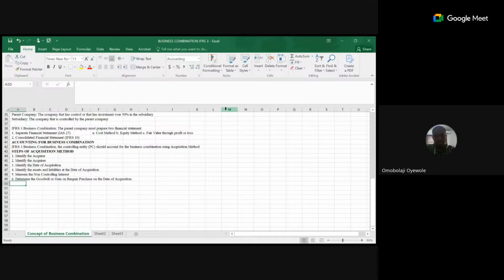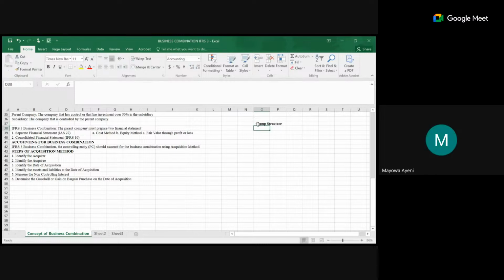Now let's quickly talk about non-controlling interest. So look at this group structure. Now, this is a group structure.